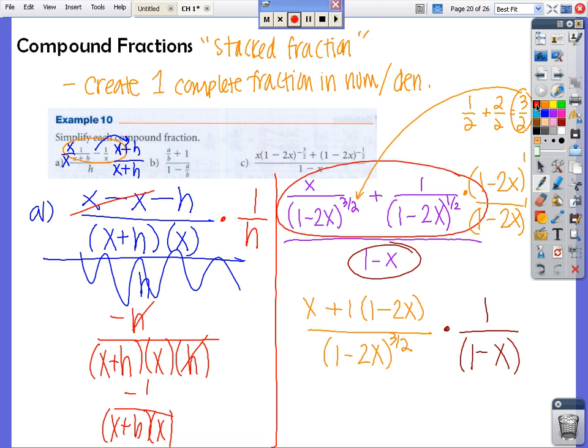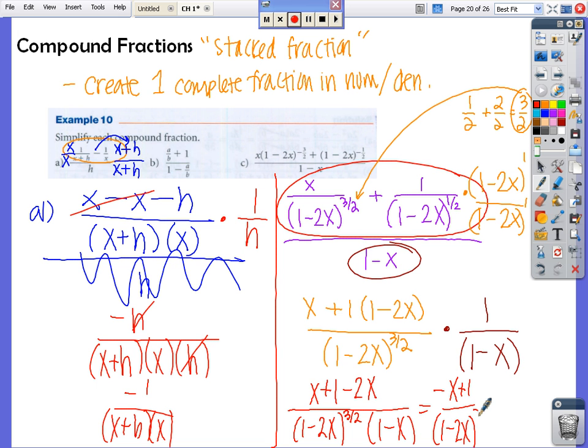So what do we get left with? In the numerator, I have x plus 1 minus 2x all over 1 minus 2x to the 3/2 times 1 minus x. And it looks like we have up in the numerator negative x plus 1 over 1 minus 2x to the 3/2, which, oh, forgot one little piece down here. 1 minus x, which cancels that guy, and we get left with a much simpler fraction.